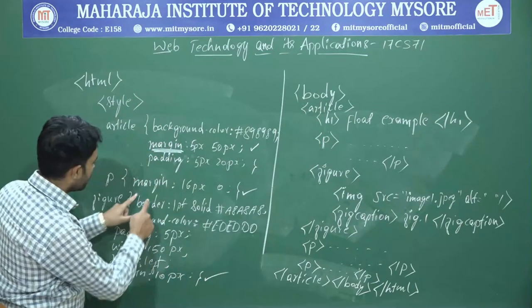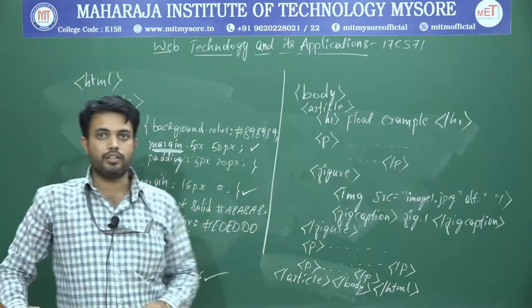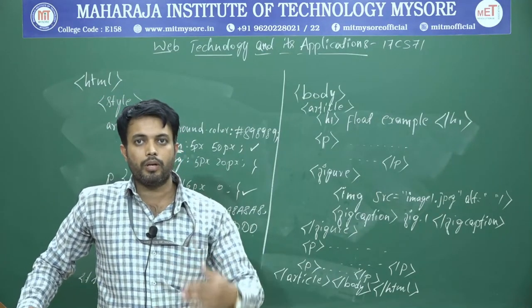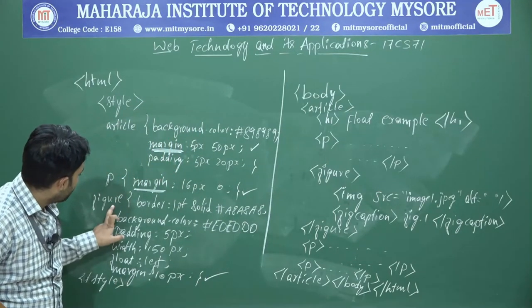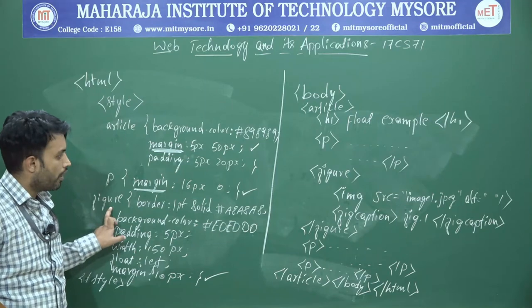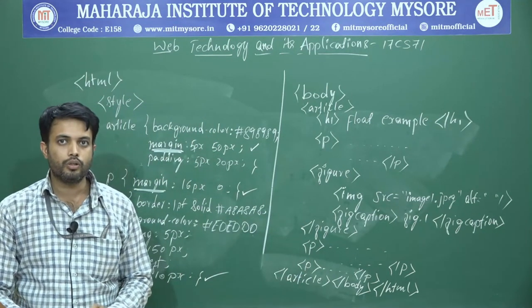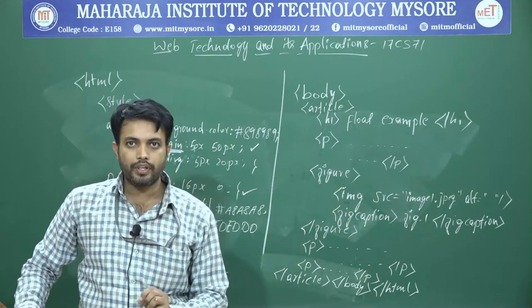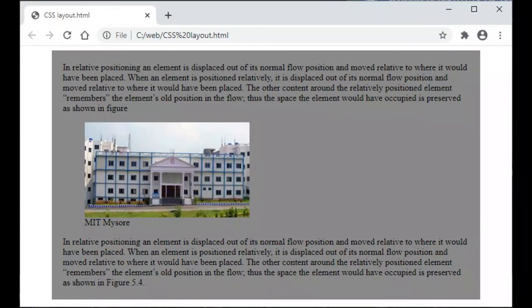And the margin for p, that means paragraph margin, is the margin between one paragraph and another paragraph. And what about the margin within this figure? In this figure we have both the image as well as the caption. Together they form the figure. For that figure again there is a margin of 10 pixel.